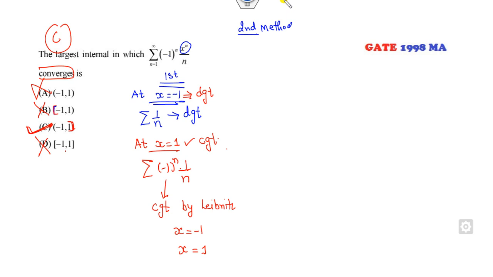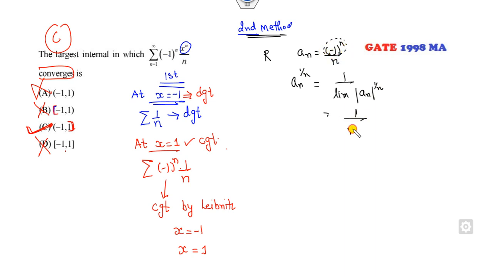This is the first method. The second method is you can find the radius of convergence. What is an? An is minus 1 raised to power n over n. So I can find the limit supremum of |an|^(1/n), and the radius is 1 over it. The absolute value is 1 over n, and the limit comes to be 1.